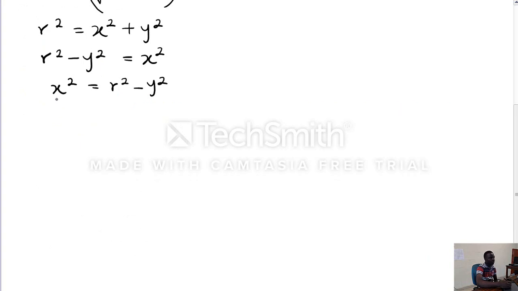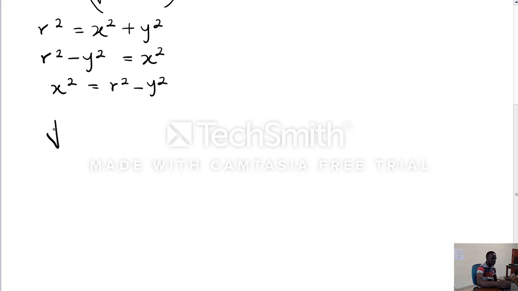I'm asked to make x the subject of the formula and not x squared. So what you will do is to do the opposite of square to make x the subject of the formula. And how do we do that? We are going to find the square root of both sides.